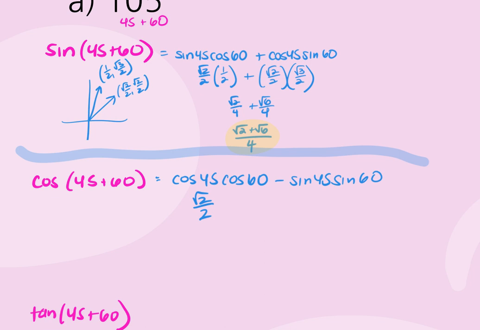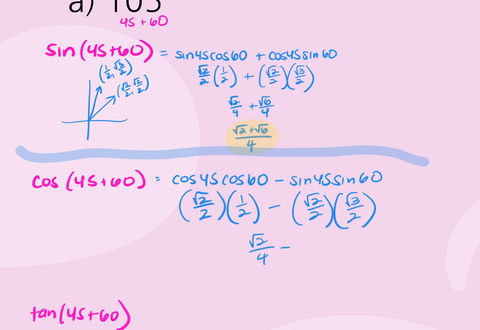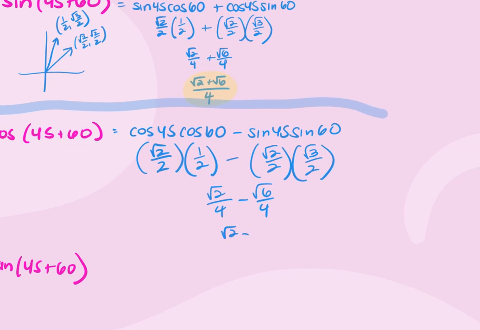Cosine of 45 is root 2 over 2. Cosine of 60 is 1/2. Sine 45 is root 2 over 2. Sine 60 is root 3 over 2. I get root 2 over 4 minus root 6 over 4, or root 2 minus root 6 over 4.